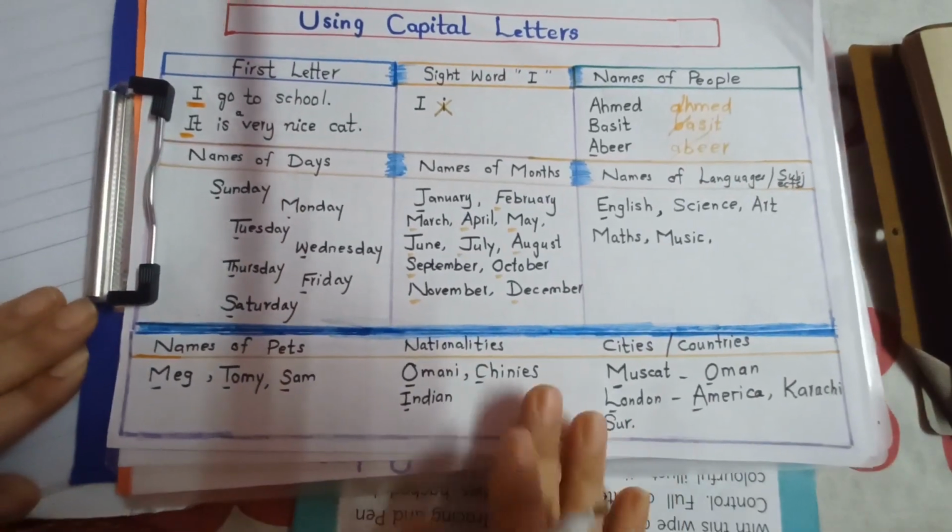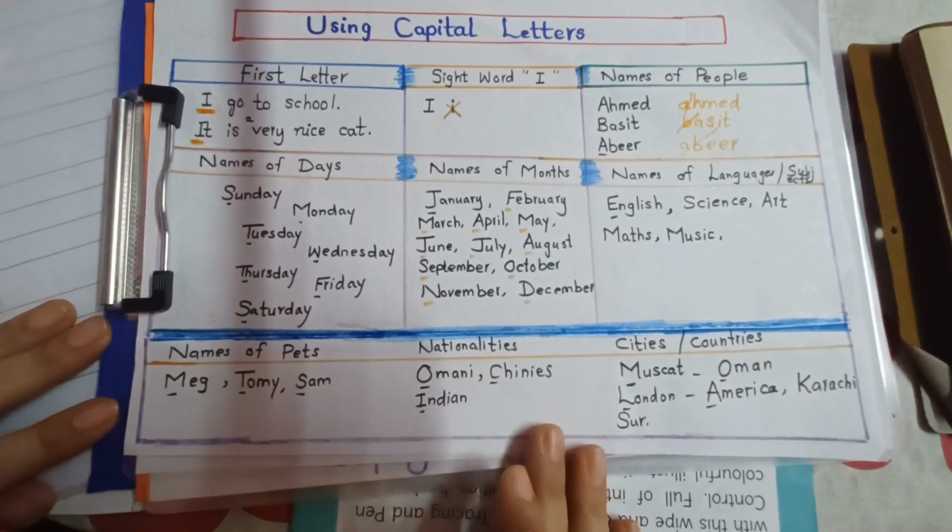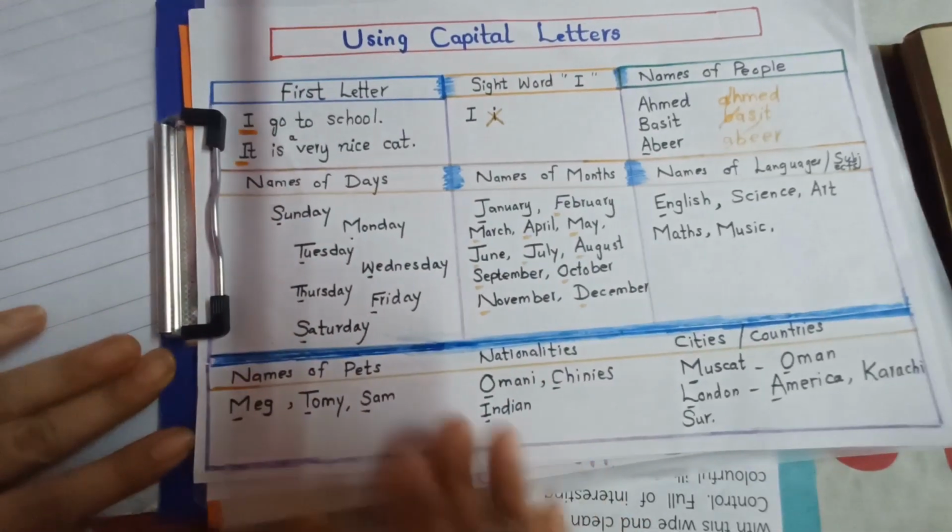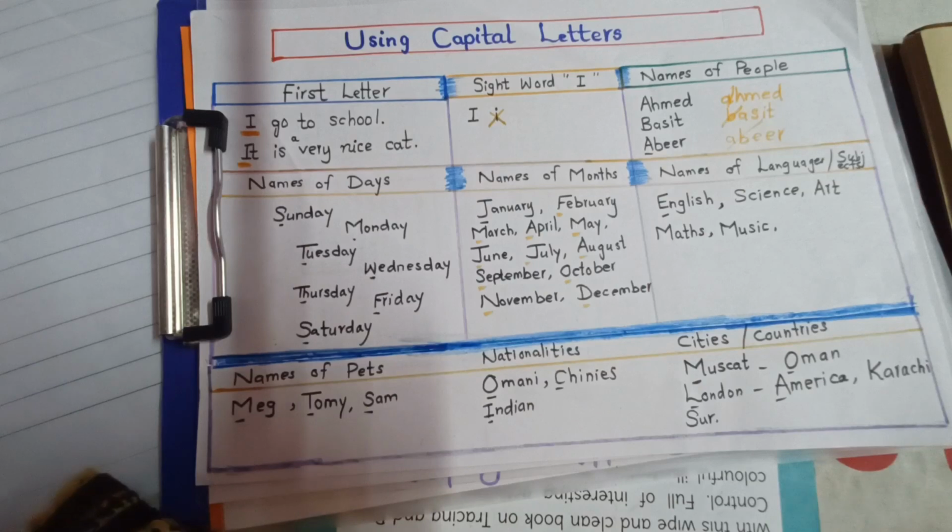There is one more thing. There is no place for it, but I can make one column for that.